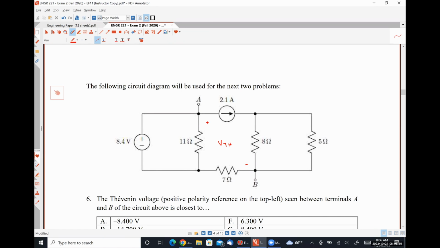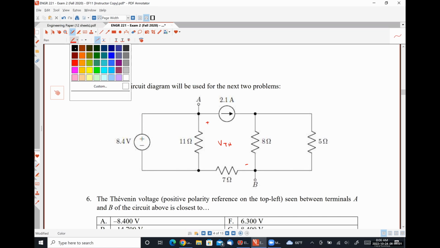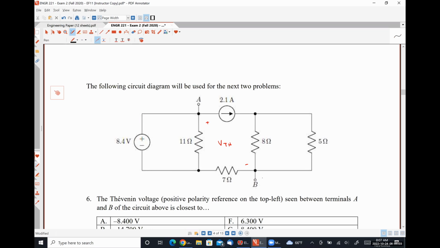Do you have a preferred analysis method for me to use, or do you want me to just use whatever I feel like? So I'm going to be lazy, and I'm going to make node B ground and do nodal.